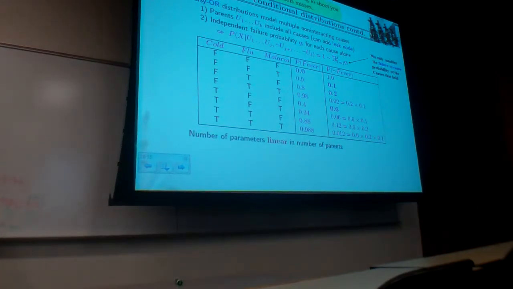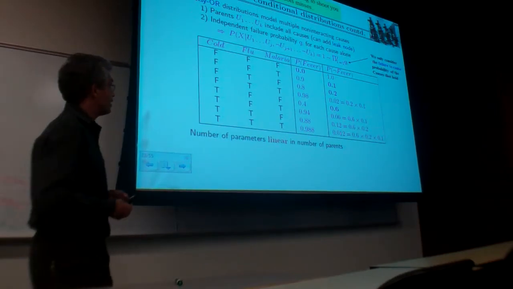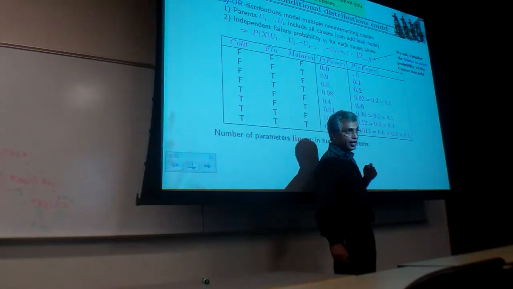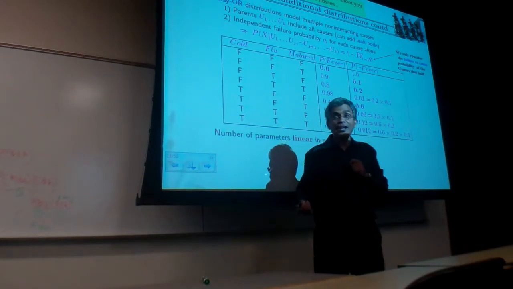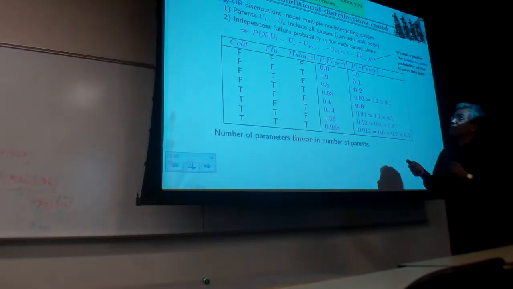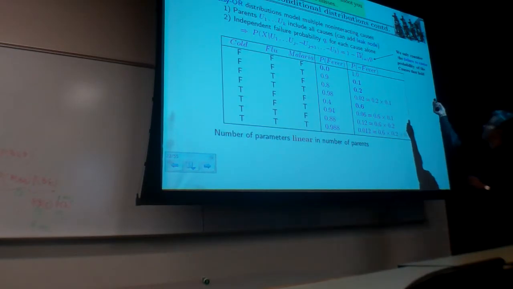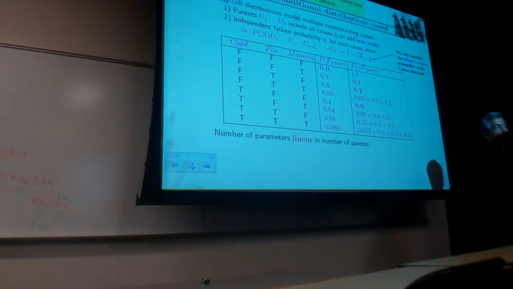What noisy-OR will say, essentially, is that the failure probabilities are all independent. That means the probability that cold doesn't cause fever is independent of the probability that flu doesn't cause fever. My best way of understanding this is to think of you being shot. You did something carelessly in the class or something, so I put you in front of a firing squad, 15 people, and they're all independently shooting at you, right?